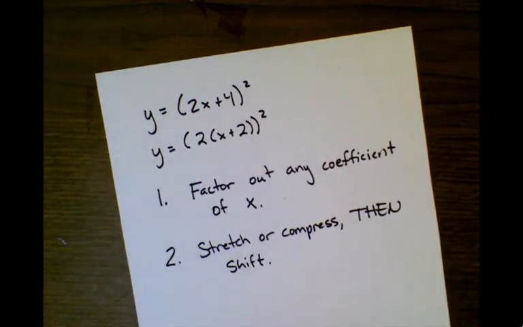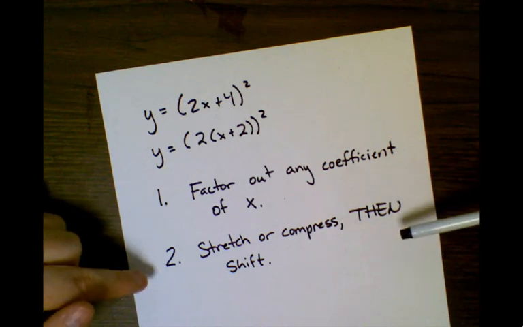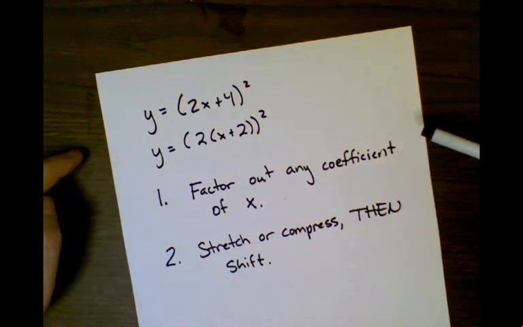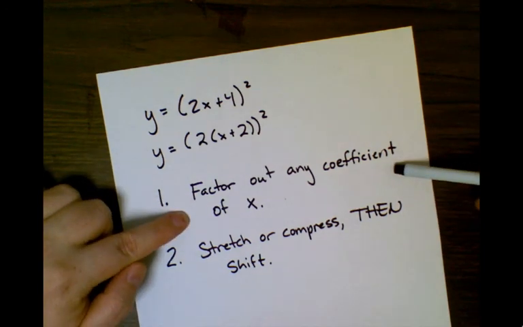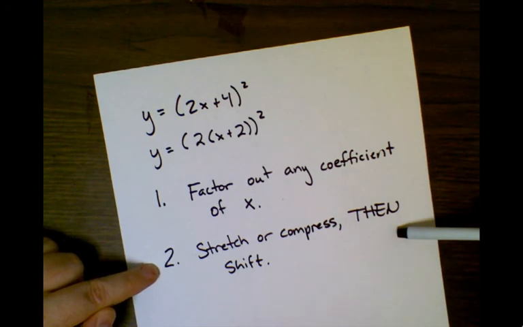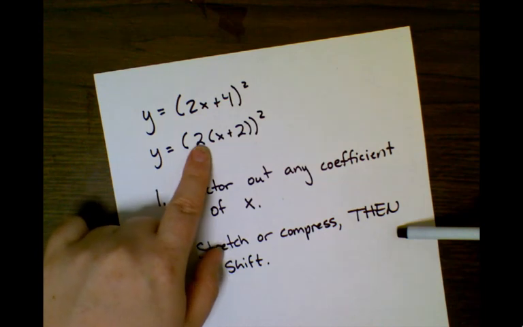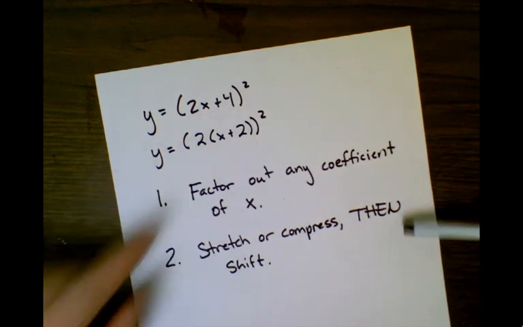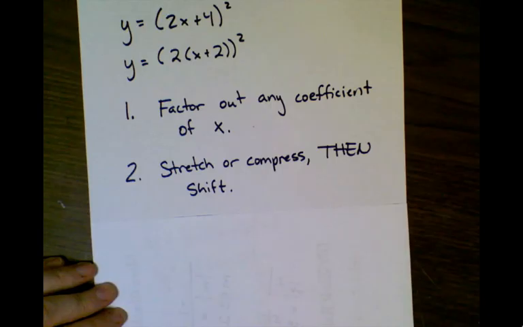Okay? So that applies for both x and y. Don't factor y. But if x has a coefficient, factor it out, and then stretch or compress as required. If this is a fraction, you're going to be stretching. And then go ahead and shift.